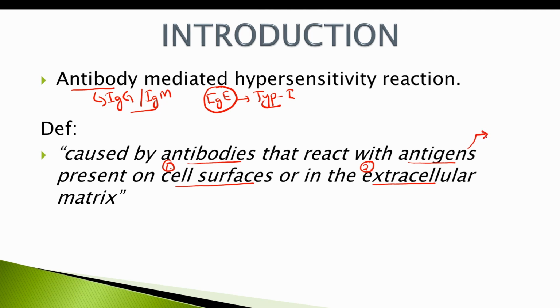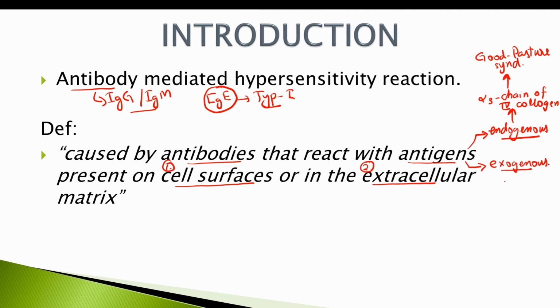Moreover, these antigens could be either endogenous, which means they are indigenous to the body, such as alpha 3 chain of type 4 collagen in Goodpasture syndrome. Or these antigens could be exogenous, which means they are acquired from the external environment by the body, such as some drug metabolites.